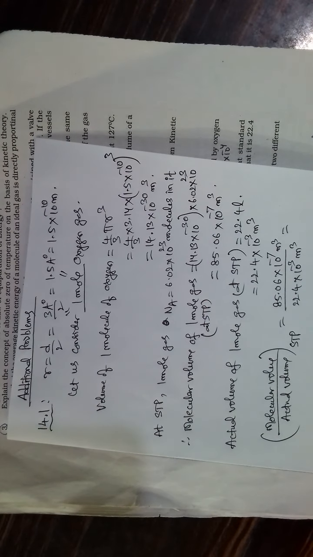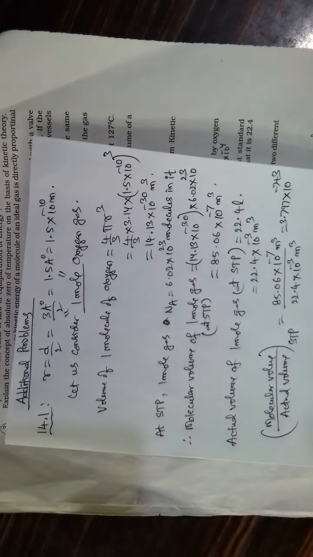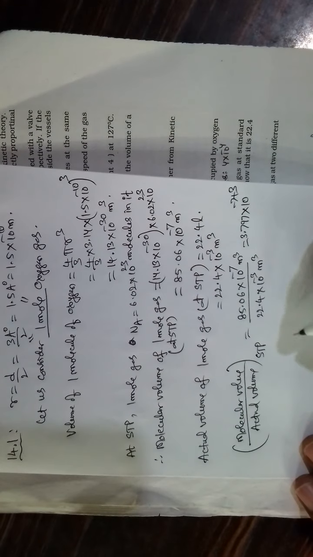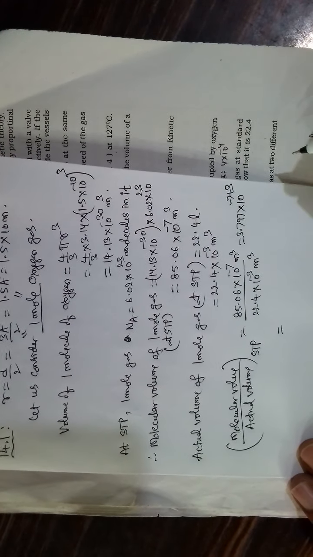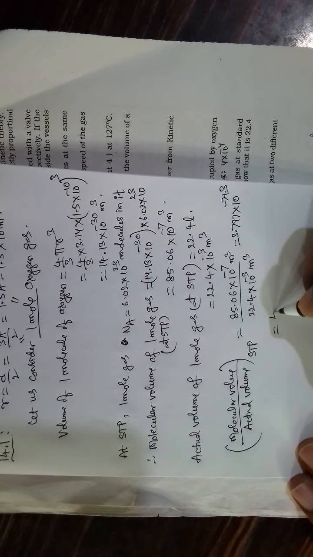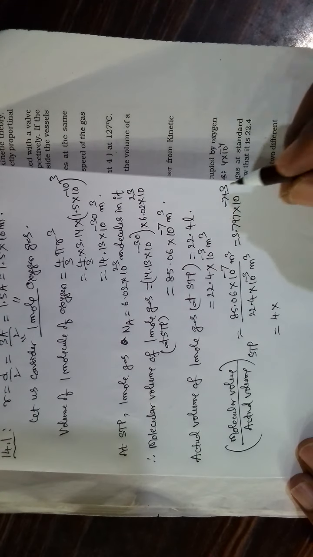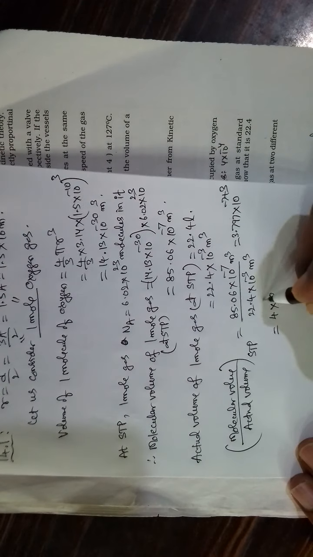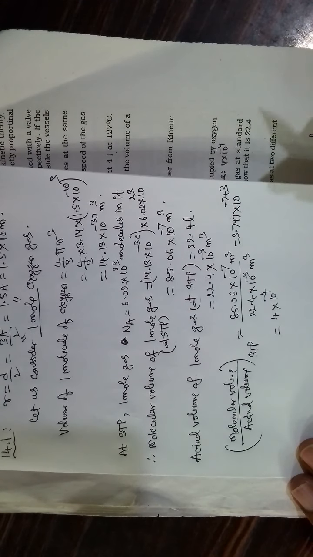That is equal to, we got how much? See, 3.797, means roughly 4, 10 power minus 4. So this is the ratio.